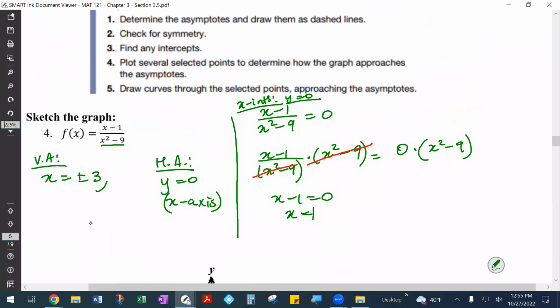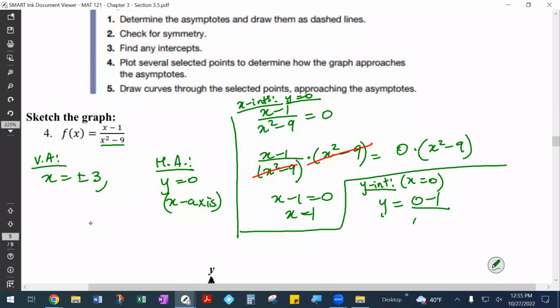To find the y-intercept, of course, we would make our x value 0. So that would be 0 minus 1 over 0 minus 9, which is positive 1 ninth. As a decimal, is that 0.11111?